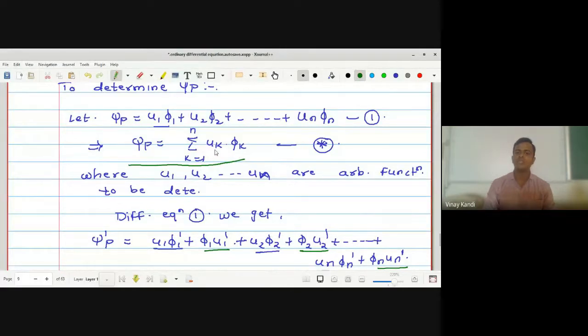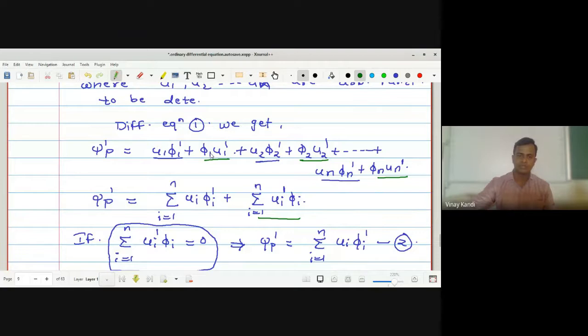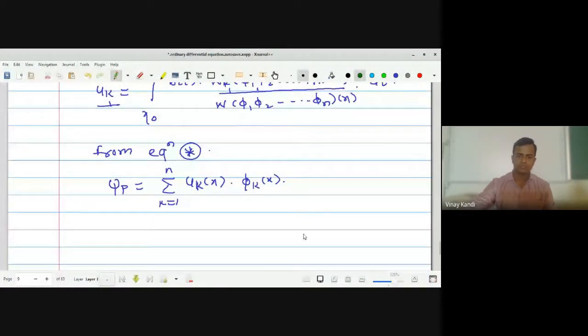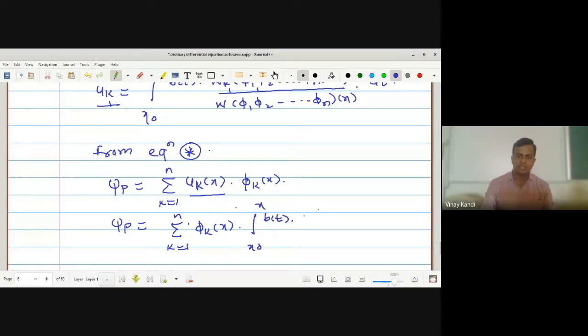Now putting the value of uk in here, we get psi p is equal to summation k running from 1 to n into phi k of x as it is, and the value of uk here is the integration from x naught to x of p of t into wk of phi 1 phi 2 up to so on phi n of x upon w of phi 1 of phi 2 up to so on phi n of x into dt.